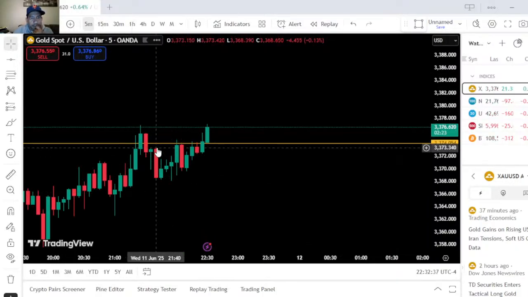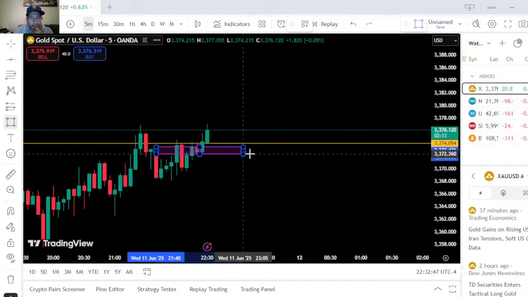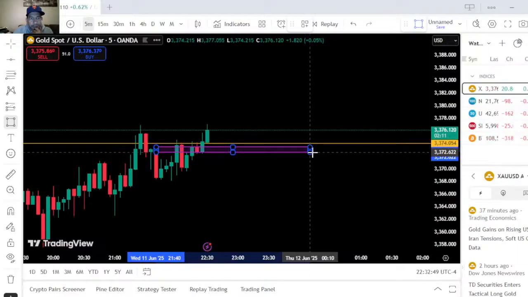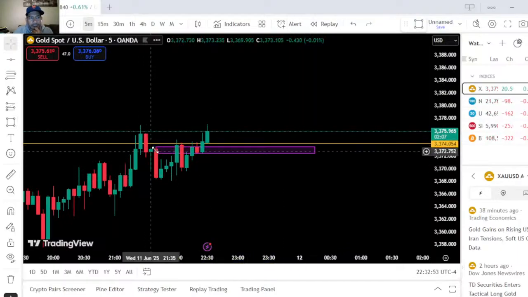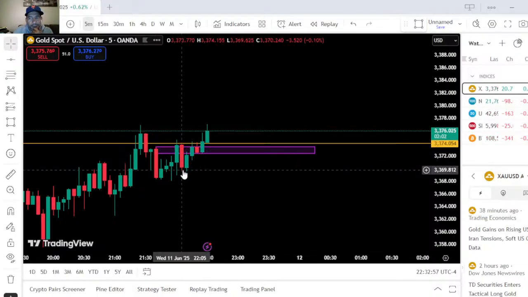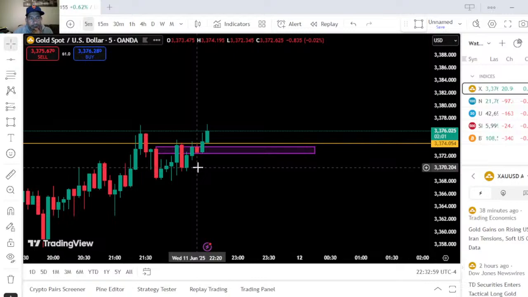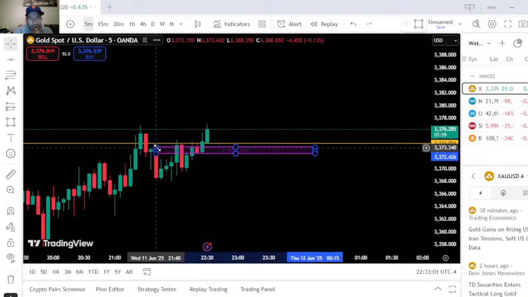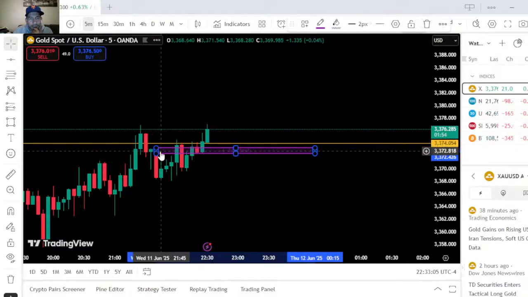The red long candle started right here. Let's see. That's your zone right here. Are you talking about this candle or this candle right here?